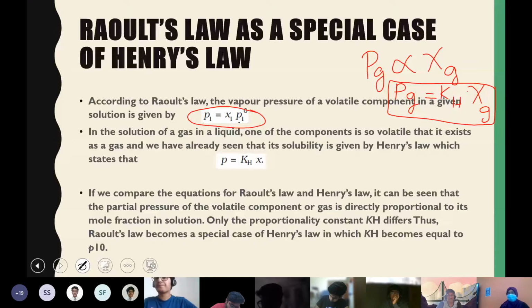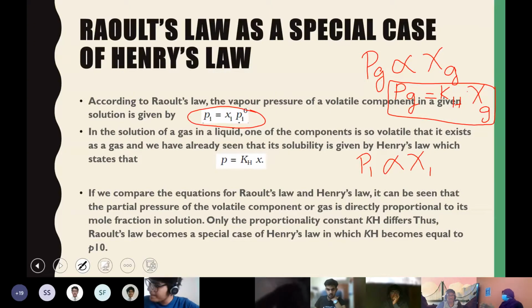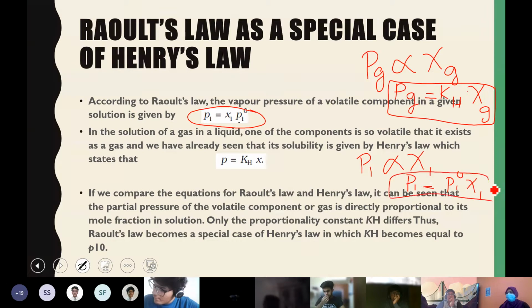The partial vapor pressure of one component is directly proportional to the mole fraction of that component. So if you're talking about a solvent or a solute, whatever, the partial vapor pressure is directly proportional to its mole fraction, or you can write it as an equation P1 is equal to P10 chi1.